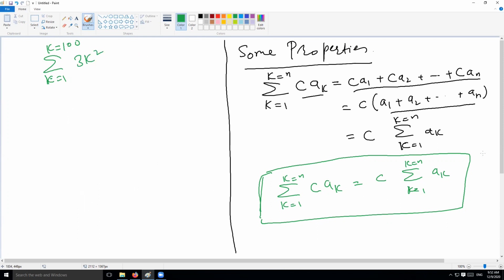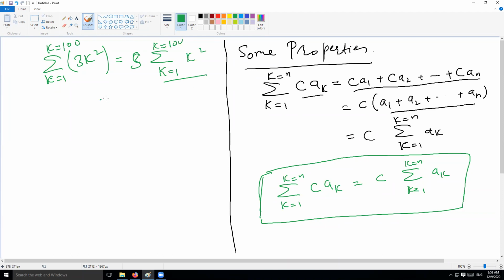So you're going to say that 3 is a constant, it's like C. So you can pull this out of the sum, and you're going to get 3 times the sum from K equal to 1 to K equal to 100 of K square.